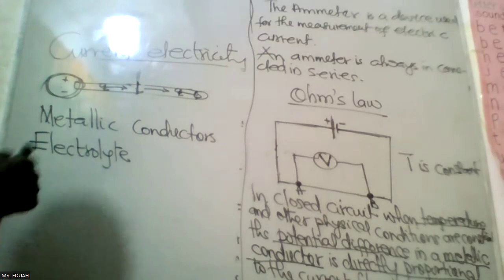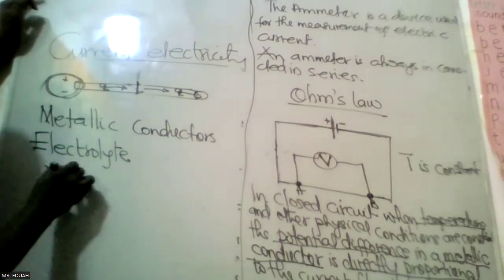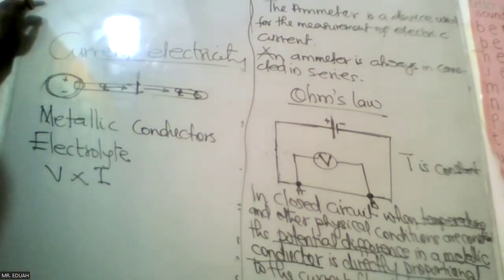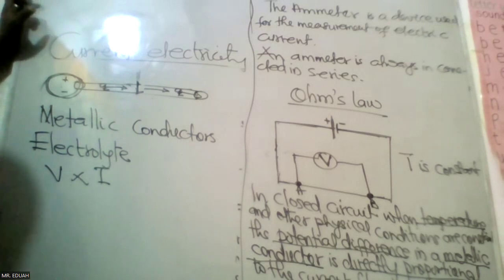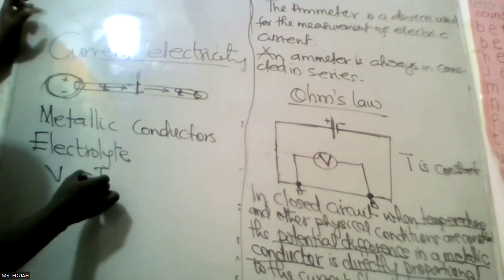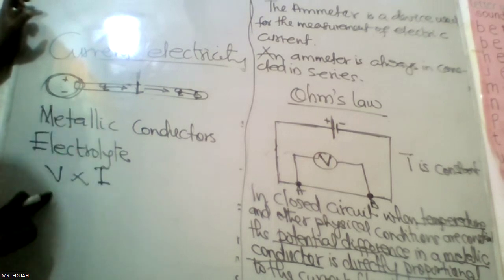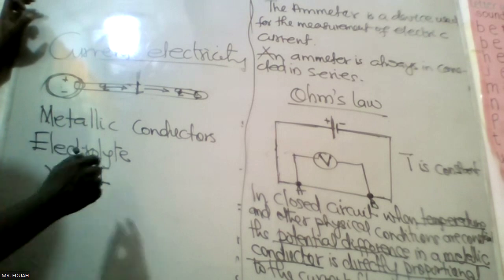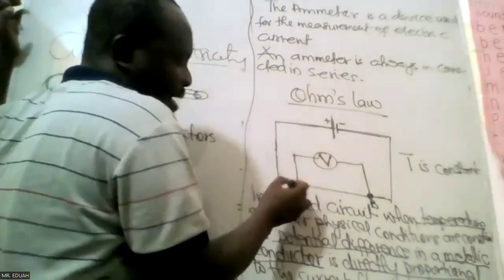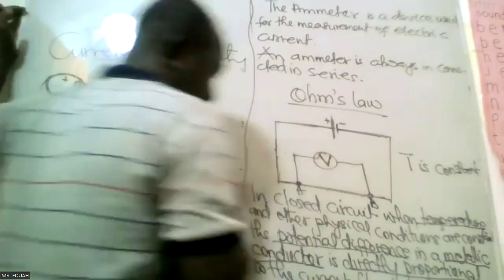So for Ohm's law, V is directly proportional to I, meaning that an increase in the rate at which charges flow, current, also increases the voltage drop across the metallic conductor.